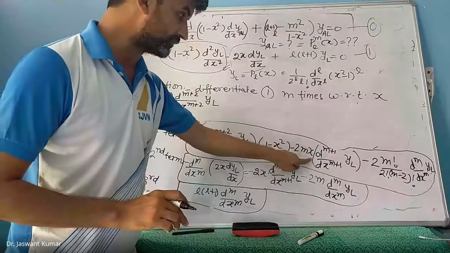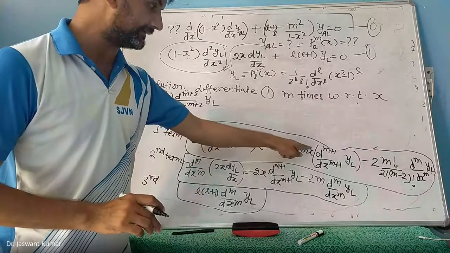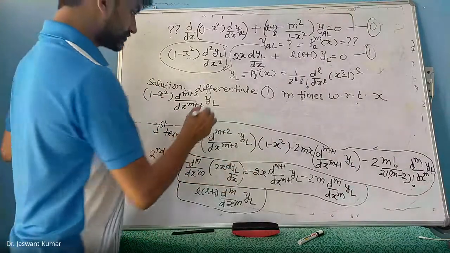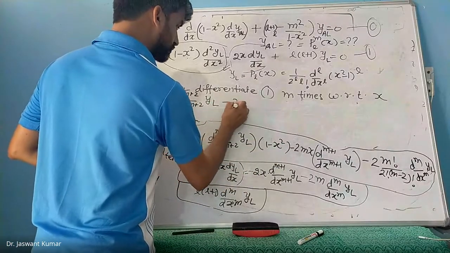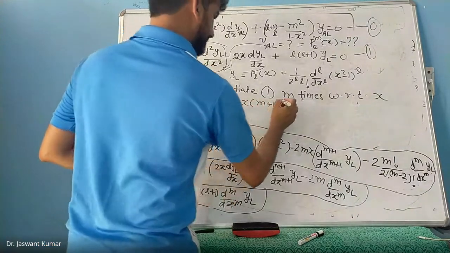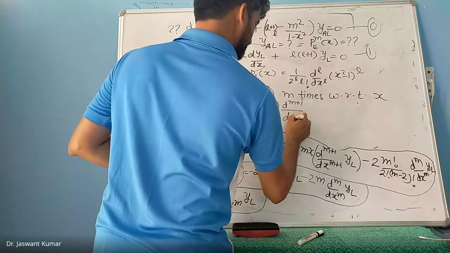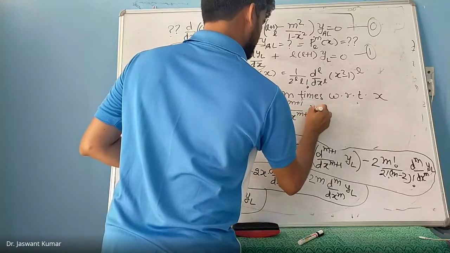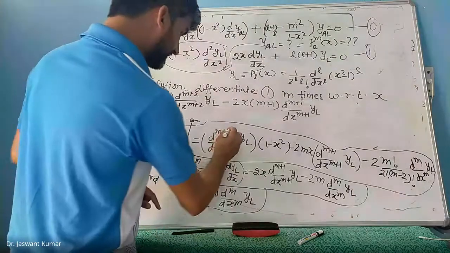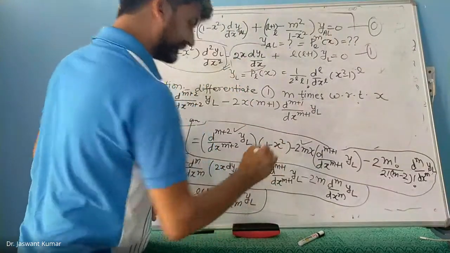This was minus 2mx. This is minus 2x. So we take this minus 2x common, and in the bracket we get an m from here and a 1 from here. So this is minus 2x times (m plus 1) d^(m+1) by dx^(m+1) of y_l. Happy? This term we have taken care of, this term we have taken care of, and this term also we have taken care of.